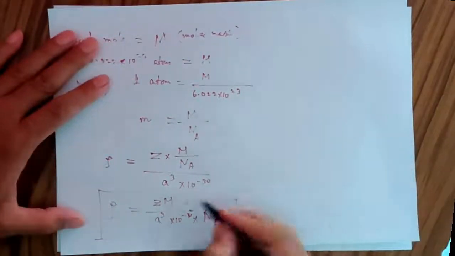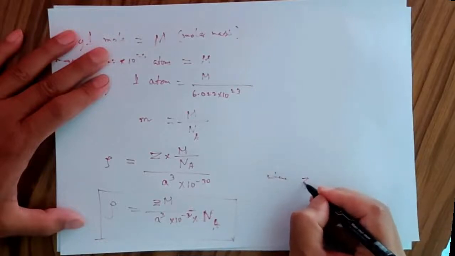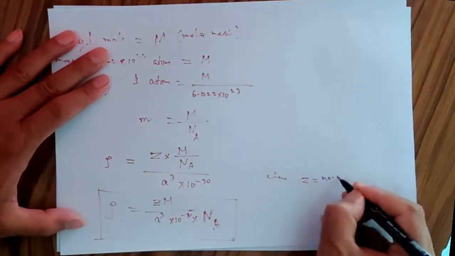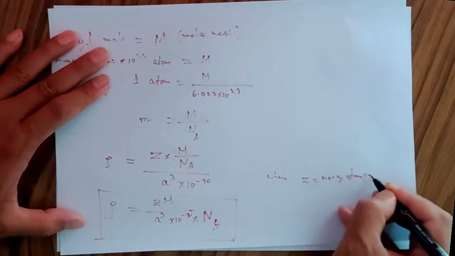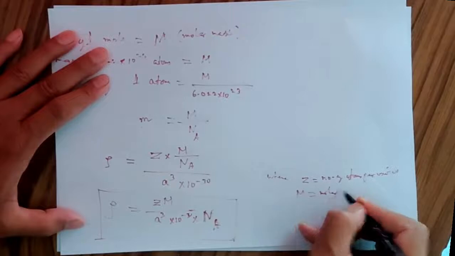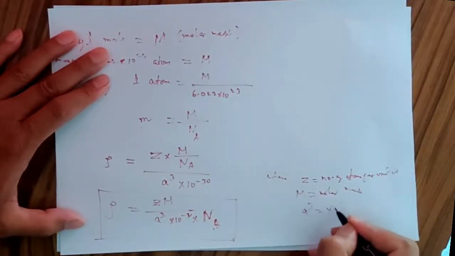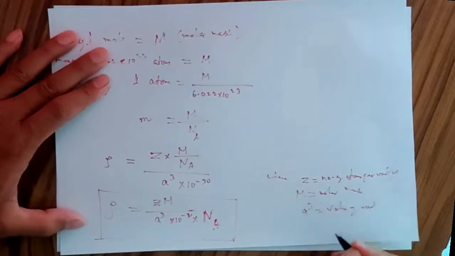Let me explain each term in the equation. What is Z? The number of atoms per unit cell. M is molar mass. a cube is the volume of unit cell.